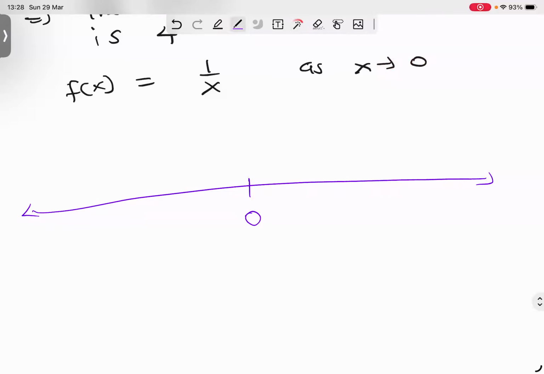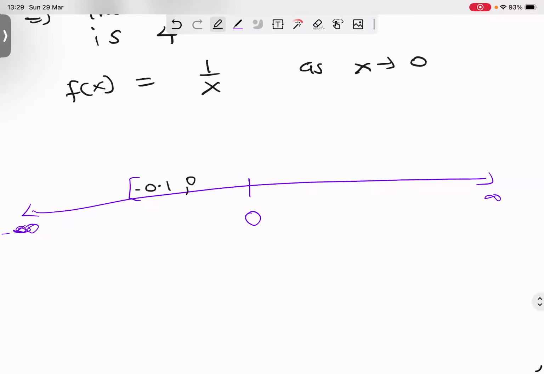So like I did earlier on, I have my positive infinity and my negative infinity in these directions. We can pick numbers that are closer to 0 from the negative infinity direction. Some of the numbers that we can pick are maybe negative 0.1.